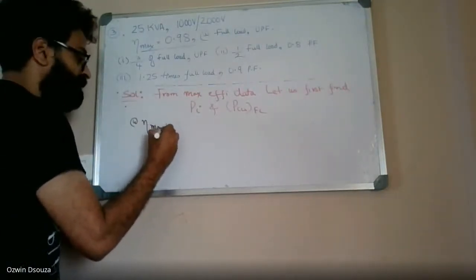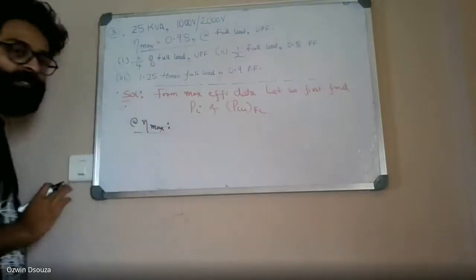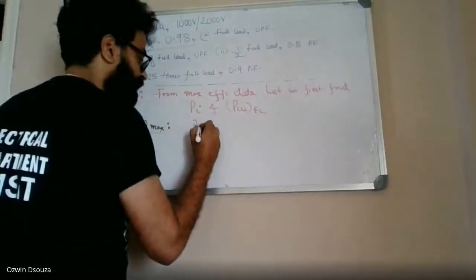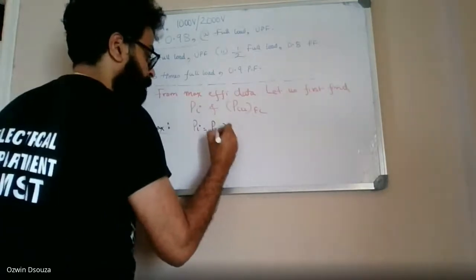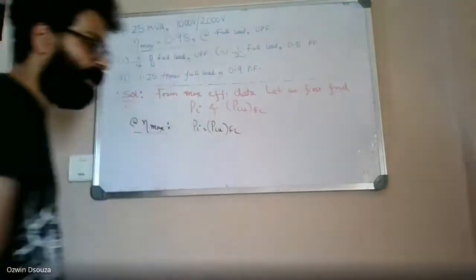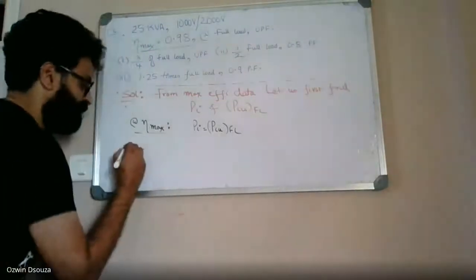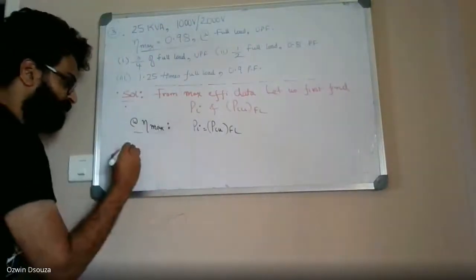At maximum efficiency, or in short, at eta max, what is it that you are observing? Iron loss is equal to full load copper loss. So you can write the expression for maximum efficiency.